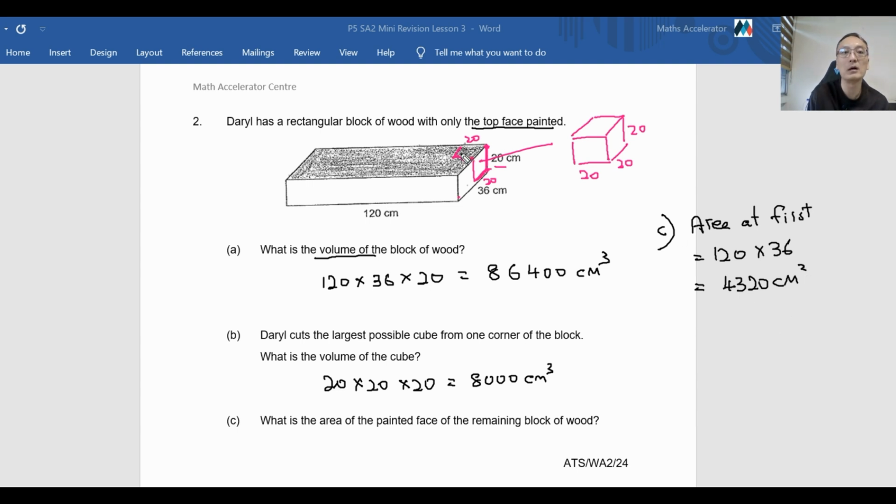Next, remember we cut this portion out, so we have to find the area of this square that we have cut out. So that part will be 20 times 20, we will get 400.